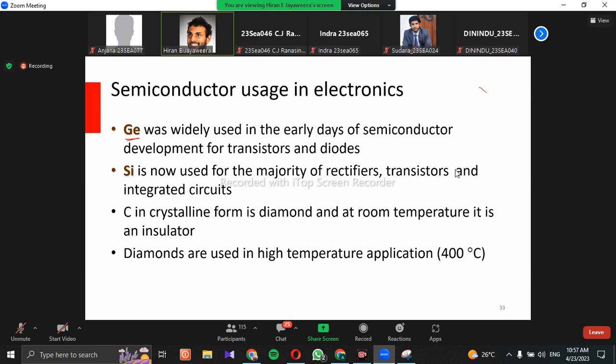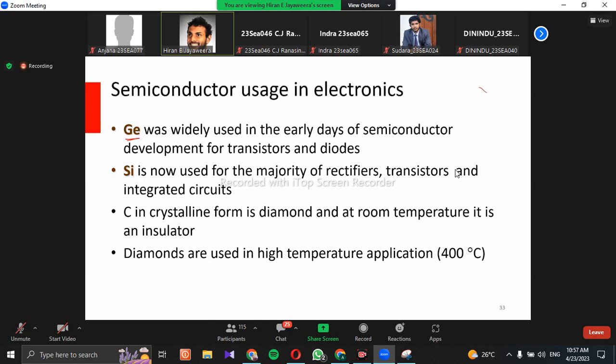There are certain applications where you use diamond as a semiconductor, but the temperature has to be very high, like 400 degrees Celsius. Suppose you are making a satellite which goes close to the sun. When electronics made with silicon reach temperatures like 400 degrees, they are more or less conductors.